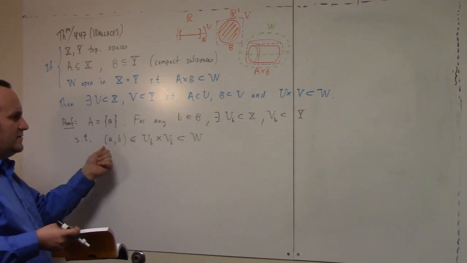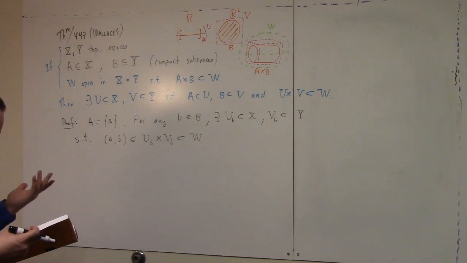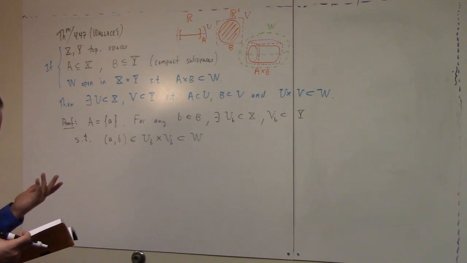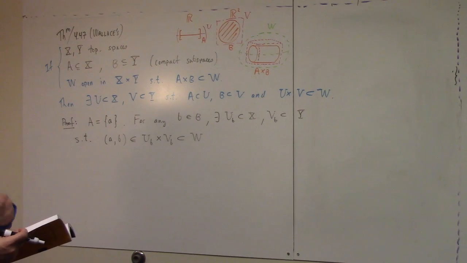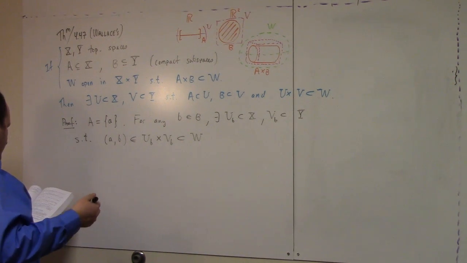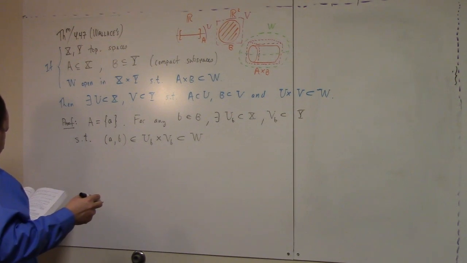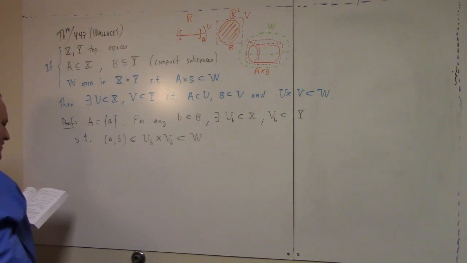I'm not sure where this U comes from. Can you guys tell me where these open sets U_b and V_b are coming from? No, I'll keep going here. I guess the thought's not complete yet. And he says the open family. Why do there exist these open sets? I'm sorry.